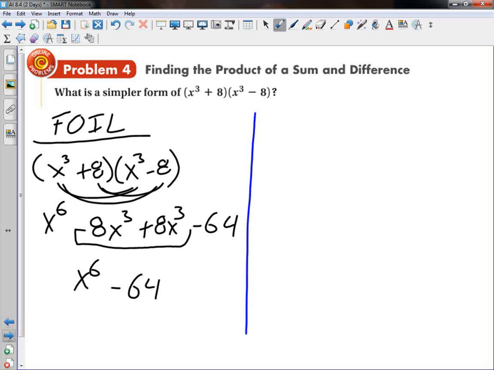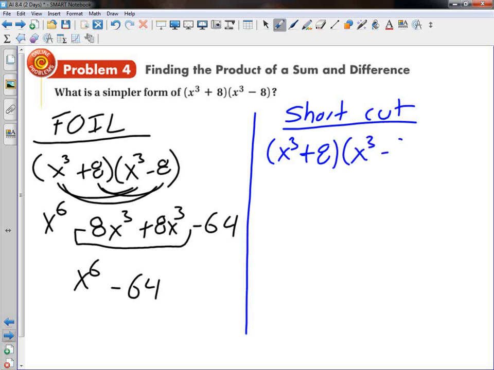Now we'll use the shortcut, which is recognizing a pattern. Shortcut way. Let me write it out. X cubed plus 8, x cubed minus 8. So the shortcut way is first term squared.